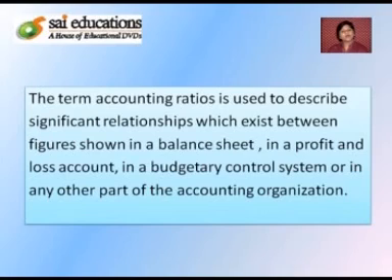The term accounting ratios is used to describe significant relationship which exist between the figures shown in the balance sheet and in the profit and loss account in a budgetary control system or in any part of the accounting organization. So ratio analysis establishes a significant relationship between various items of the income statement and the position statement of the company.